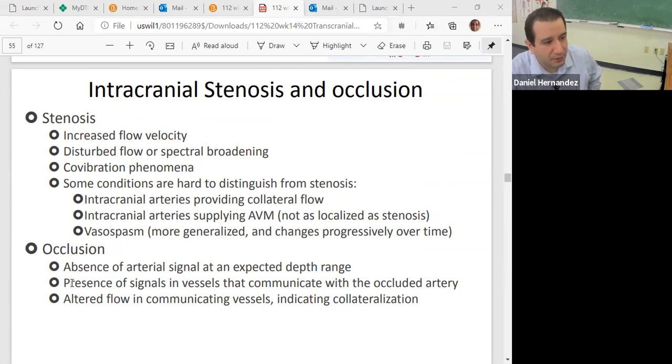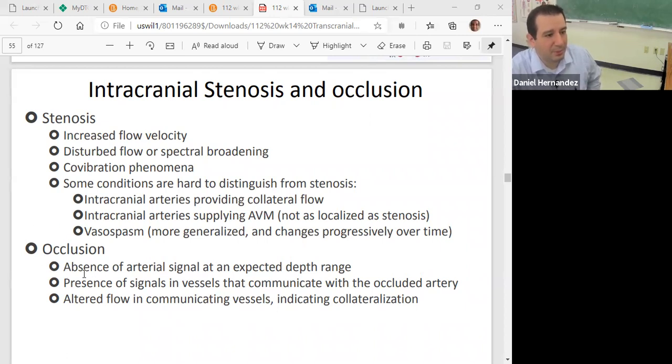So occlusion. Occlusion is defined as the absence of arterial signal at an expected depth range, with the presence of signals in vessels that communicate with occluded arteries. If we see altered flow in some of these communicating vessels, it could indicate collateralization, which could mean there's the presence of occlusion.